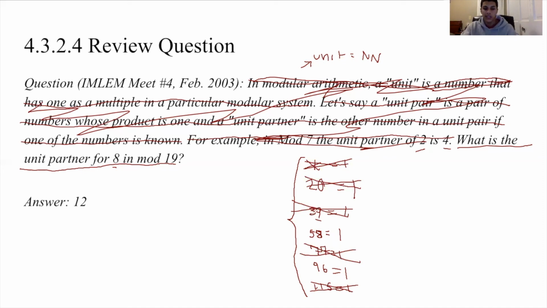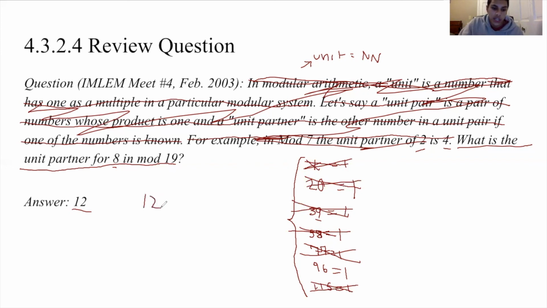Does any number multiplied by 8 equal 58? If you check that one out, you'd also get no. And then eventually you get to, does any number multiplied by 8 get you to 96? And when you find that a number times 8 equals 96, you get 12 as your answer, which means 12 is the inverse of 8 in mod 19.